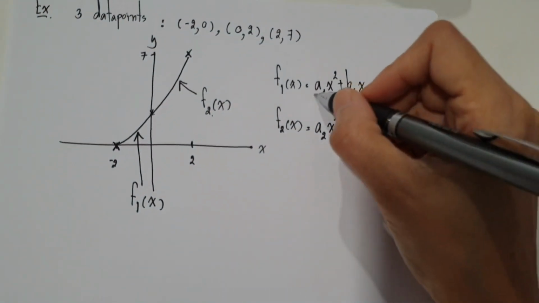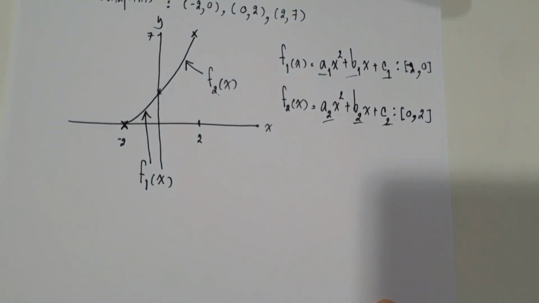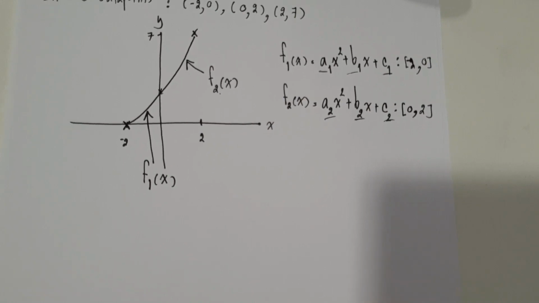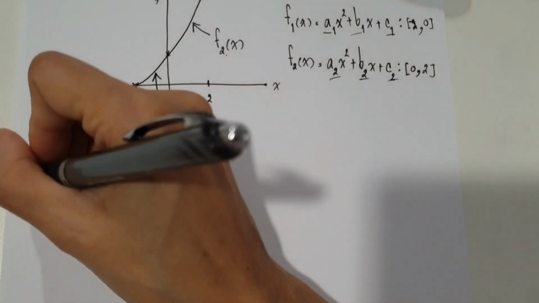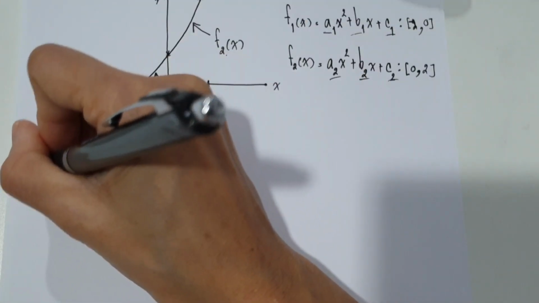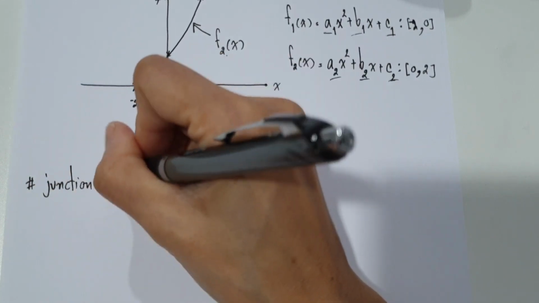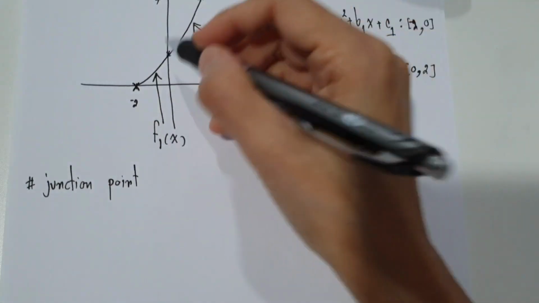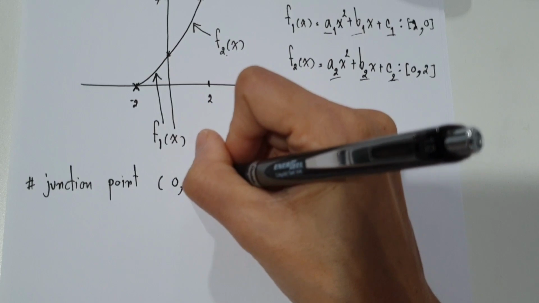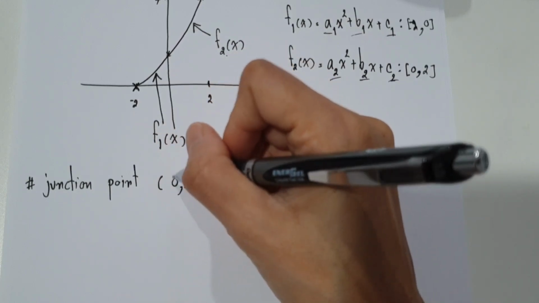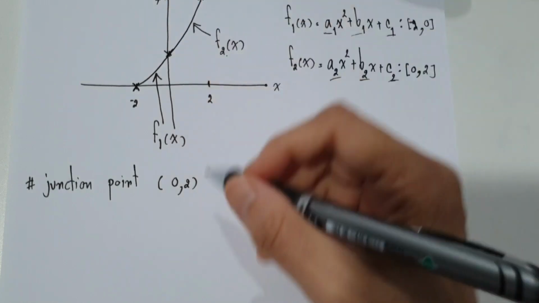Okay, so right now we have 6 unknown parameters, and we are going to create equations for solving these unknown parameters. So we start with the junction point. The junction point is this point when x equal to 0, where y equal to 2.